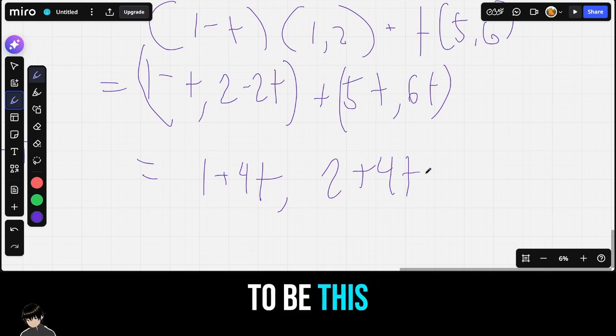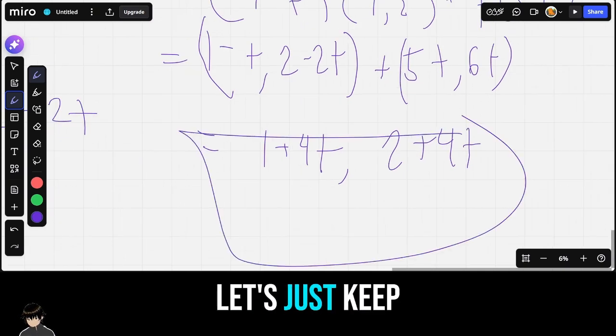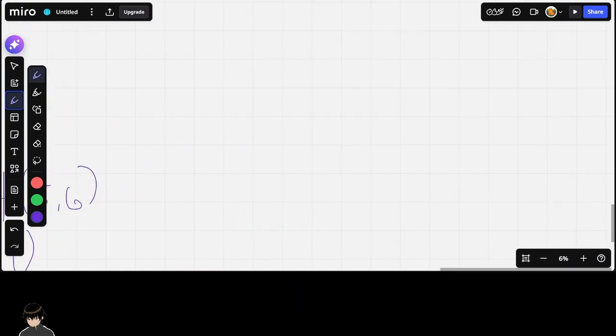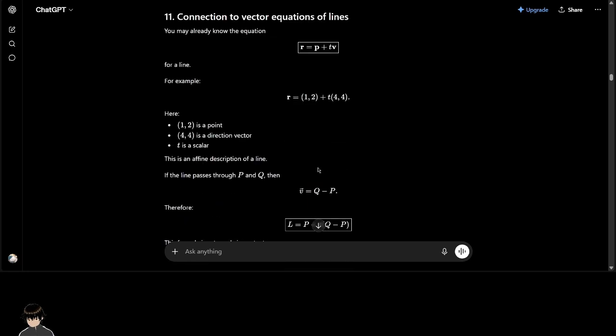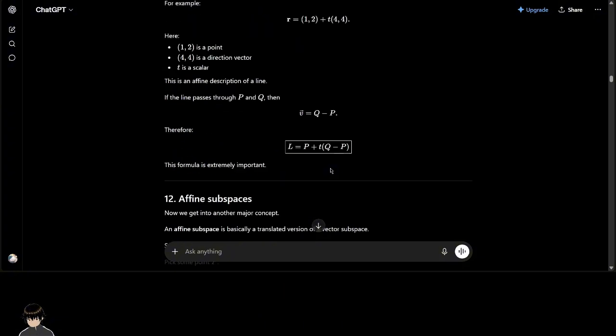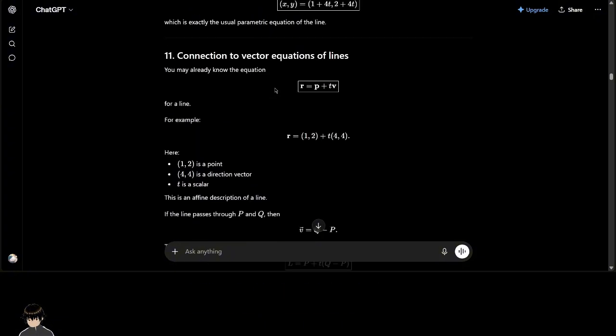It just turns out to be this way. Let's just skip that. So this is obviously displacement, okay?